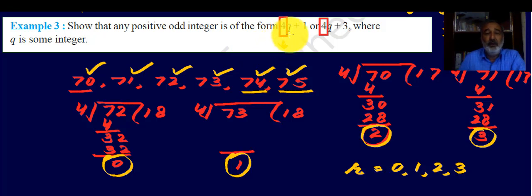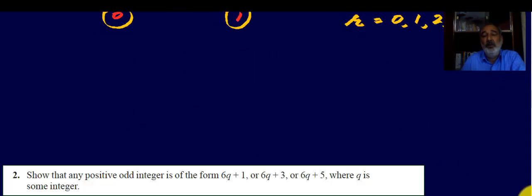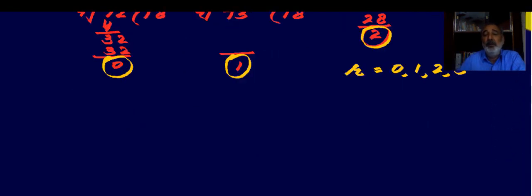This shows that the value of b is 4. So it's clear that I will take b is equal to 2. Oh, sorry, 4. Let's start how to solve this question properly on your sheet. I'm starting this question. You have to write your numbers of the form when we divide some integer by 4.